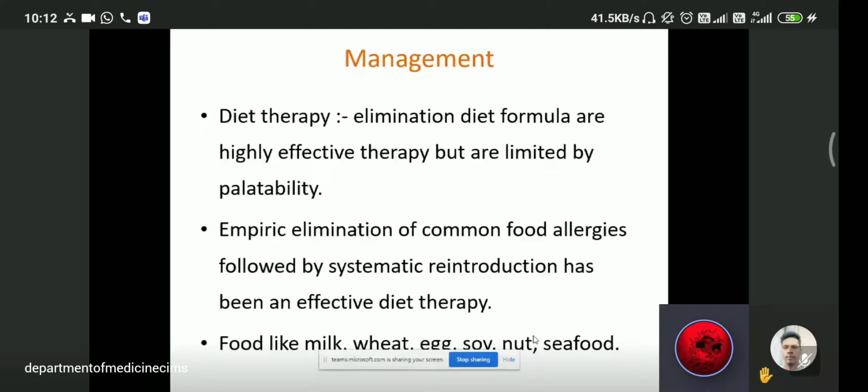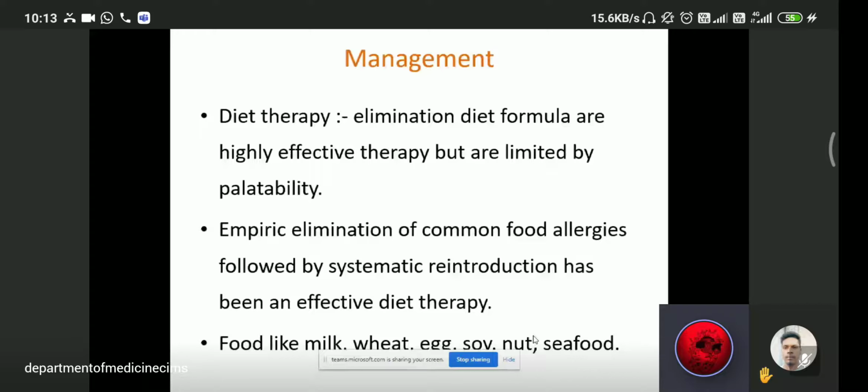So first stop all the dietary factors suspected of leading to esophageal eosinophilia, then reintroduce foods one by one to assess which food is the particular allergen. Foods like milk, meat, egg, soya, nut, and seafood are the common allergens.